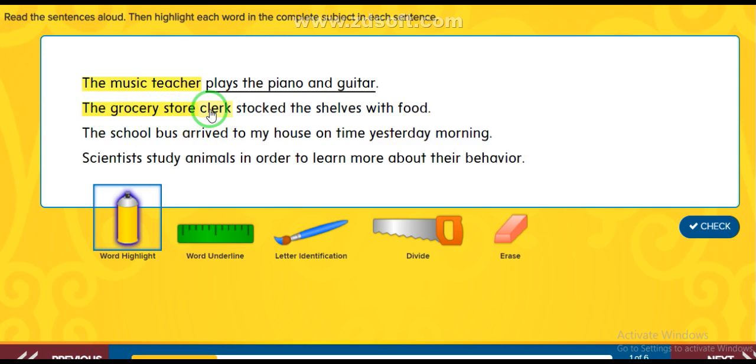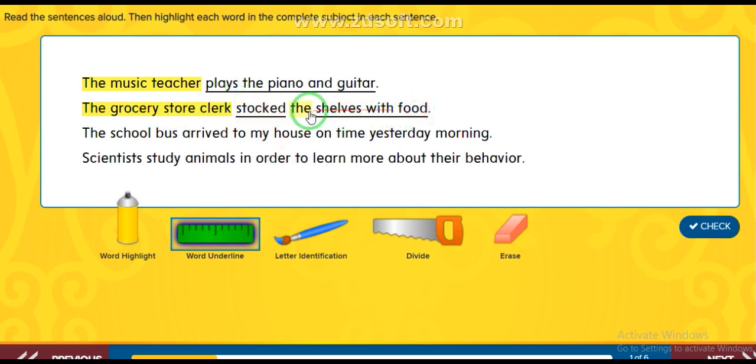I told you, clerk means the worker, the one who works there. Of course, all of this, the grocery store clerk, is the complete subject because all of this is the naming part. Where's the telling part? Where's the predicate? The predicate is what did he do? He stocked the shelves with food. So all of this is the complete predicate.